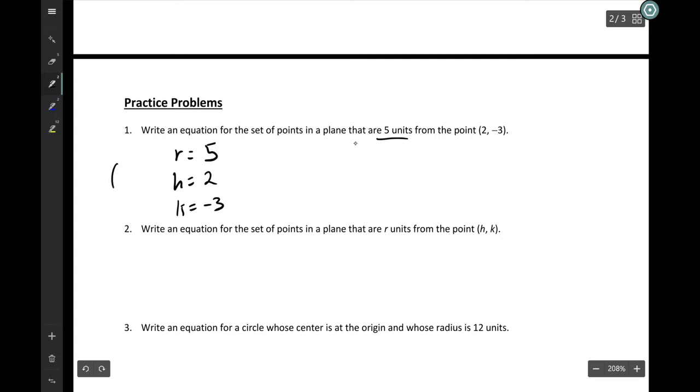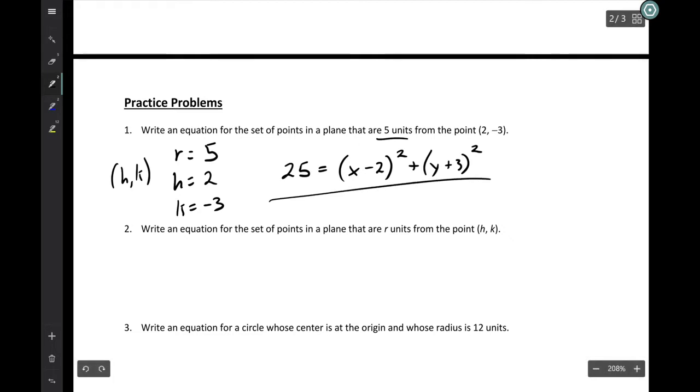And that's because my center is the point h, k, which is 2, negative 3. So go through and plug into the formula. I got 25 is equal to x minus 2 squared plus y plus 3 squared, because it's going to be minus negative 3, it turns it into a plus. There you go, there's our equation.